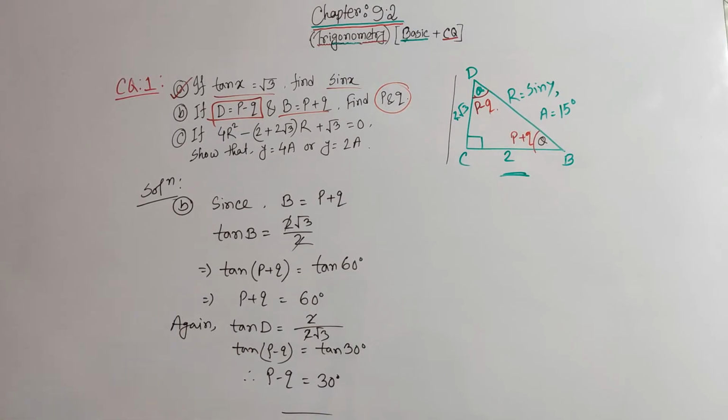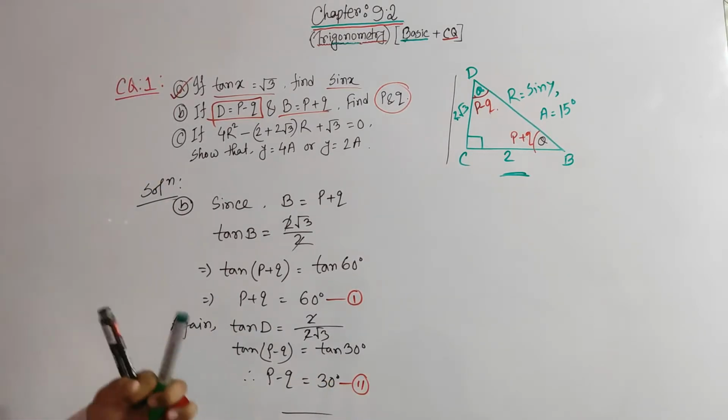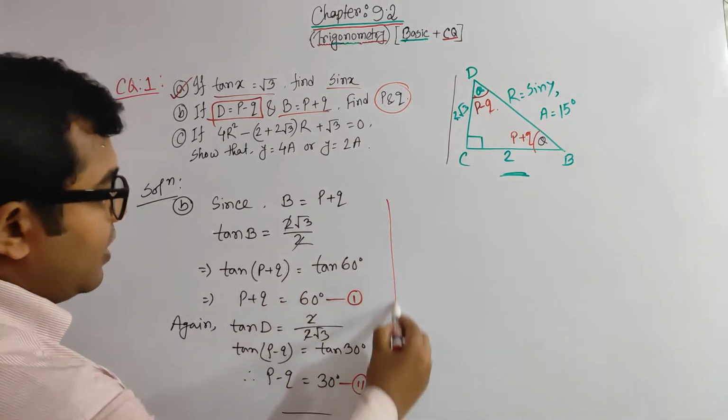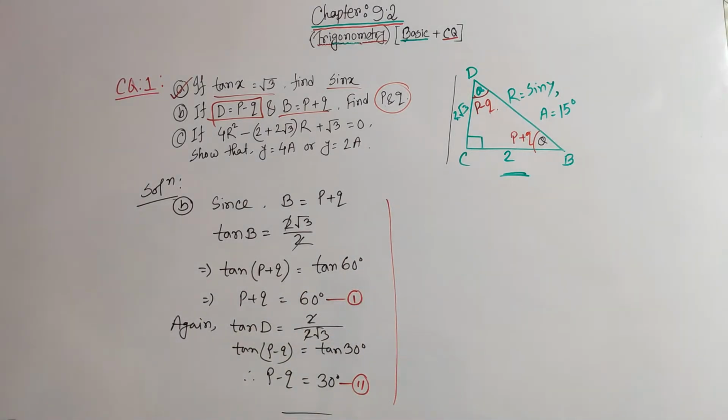Okay, so here we have found two equations. One is p plus q is 60 degree and p minus q is 30 degree, and I know how these types of equations can be solved to find the value of p and q. You have done this a lot of times. So what is our procedure?